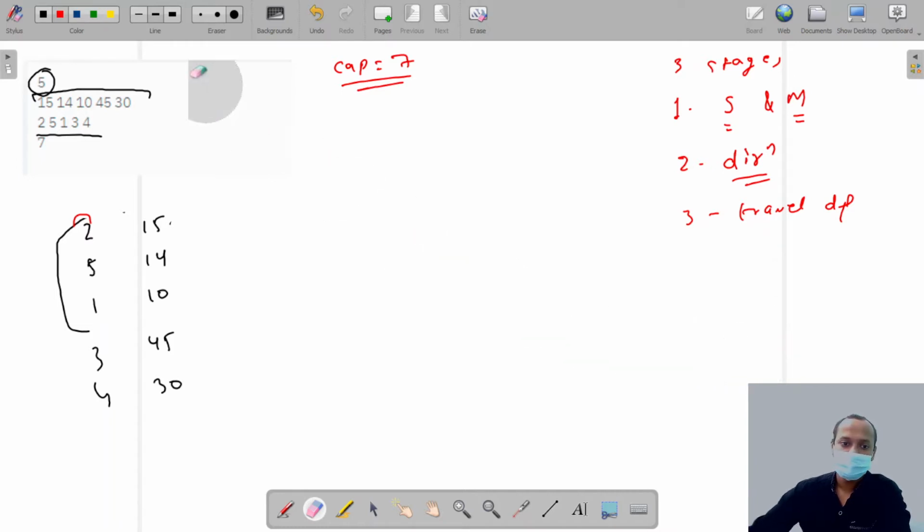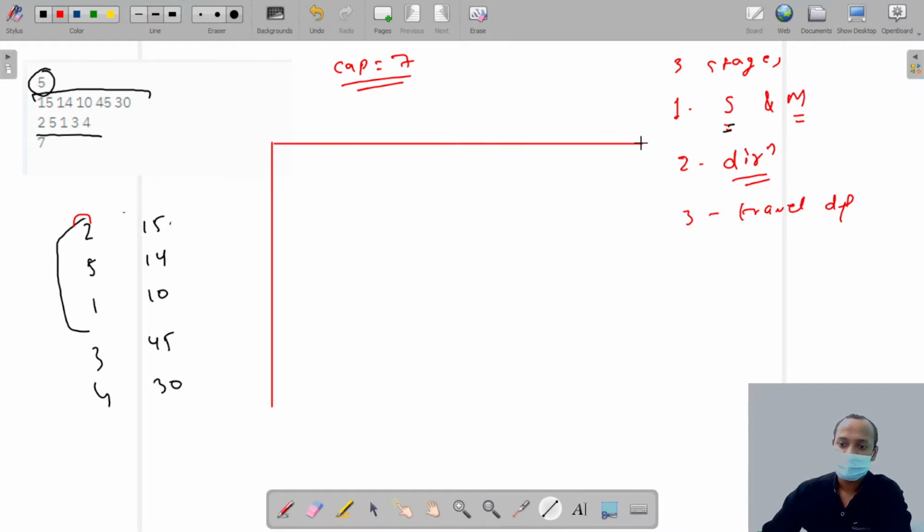Now we have to define a storage and its meaning also. So what I'm going to do is make a storage, a 6 cross 8. What is the size of the DP? Just think about it.